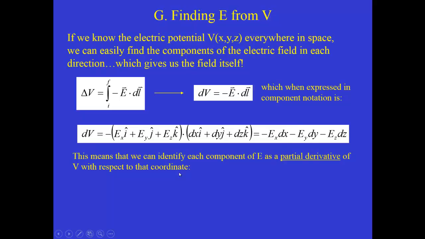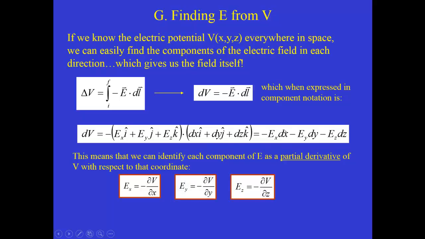If you haven't seen partial derivatives, don't worry, I'll explain them very briefly. But here's the result. We can identify each of these components, Ex, Ey, and Ez, as minus, because of the minus sign, the partial derivative of V with respect to x, minus the partial of V with respect to y, and minus the partial of V with respect to z.